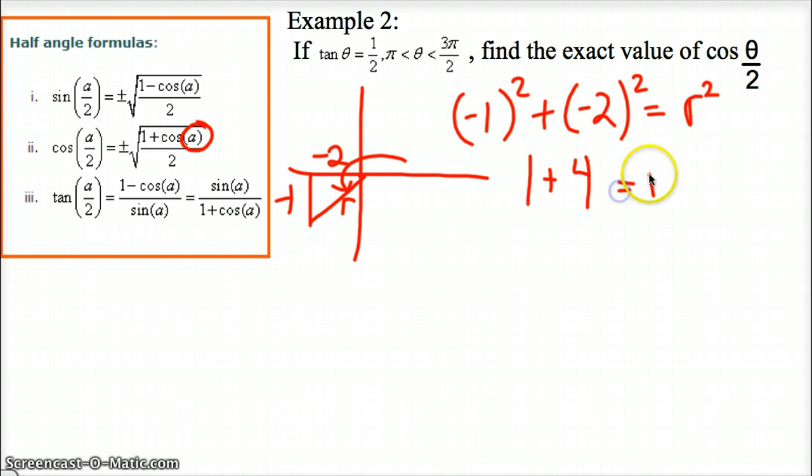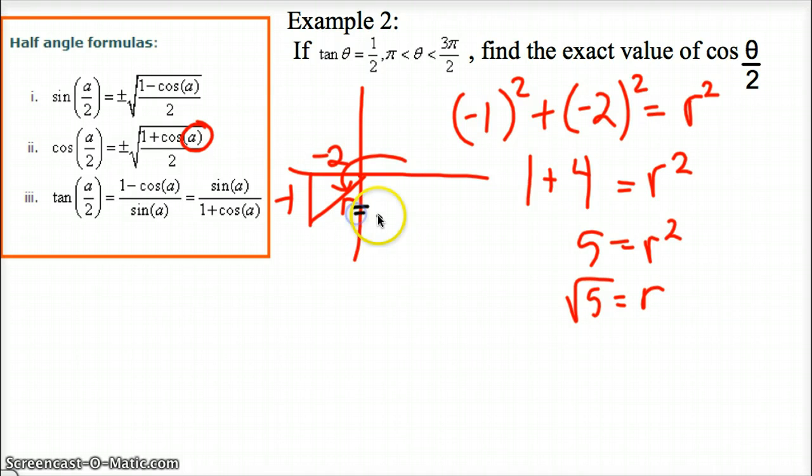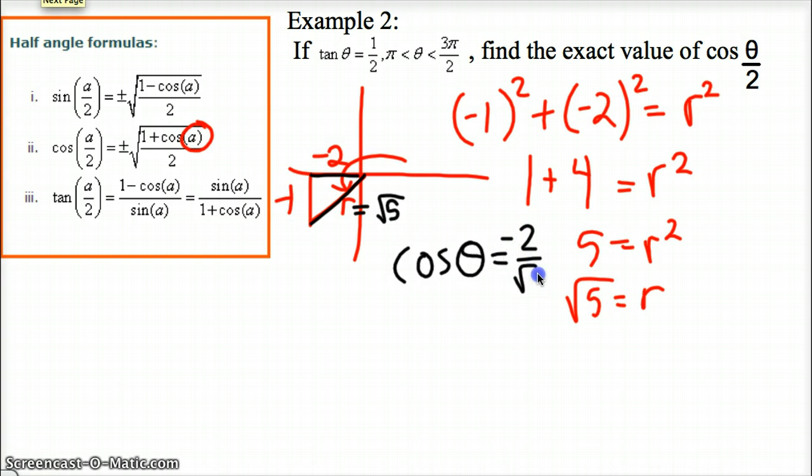Get 1 plus 4 equals r squared. 5 is r squared, or square root of 5 equals r. I know it has to be positive square root of 5 because the radius is never negative. Only the x and y values will be negative. So now my cosine of theta is negative 2 over square root of 5. And that's an important value that I need in order to plug into my formula here.